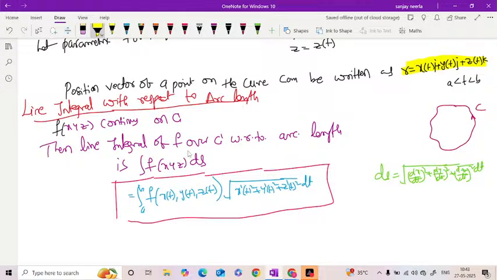The line integral over the curve with respect to the arc length is integral f of x comma y comma z ds. Here ds means the arc length, under root of x dash whole square plus y dash whole square plus z dash whole square into dt. Now this is the formula for finding the line integral with respect to the arc length.